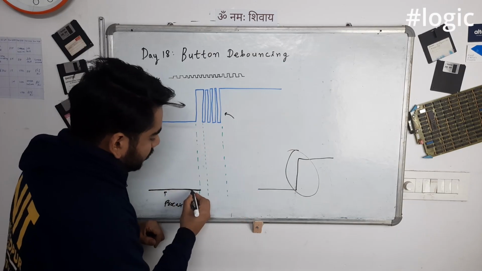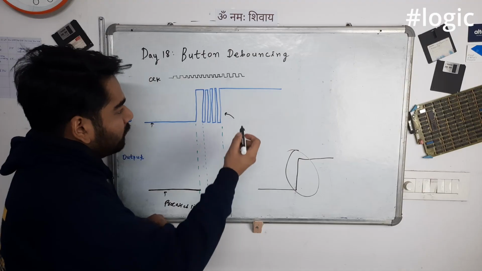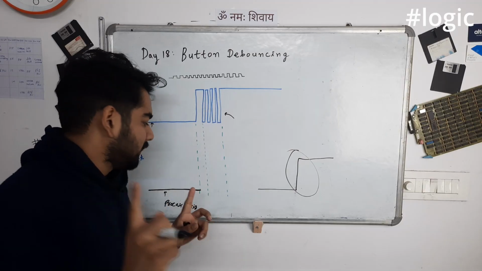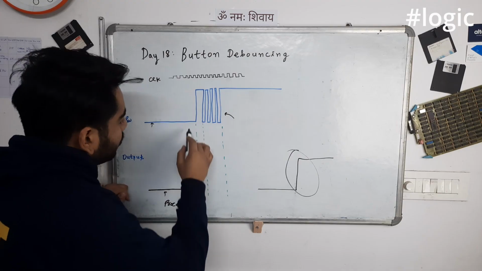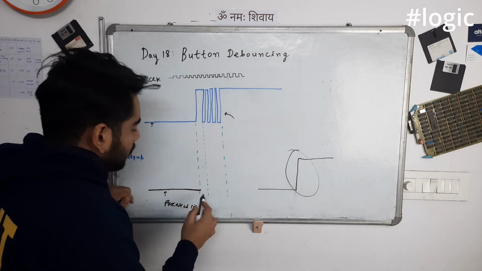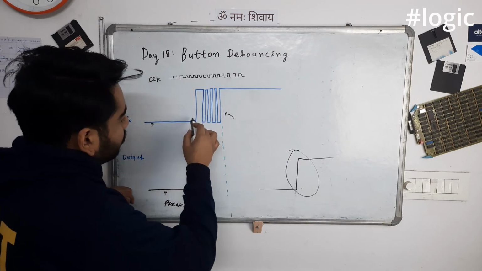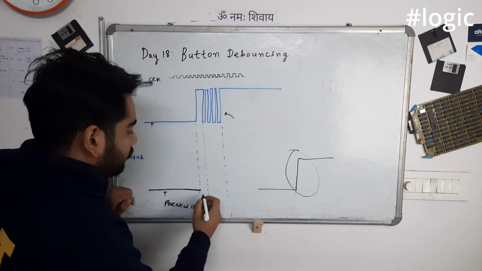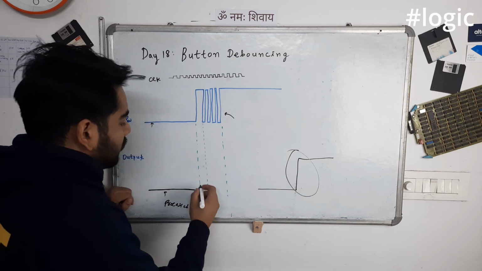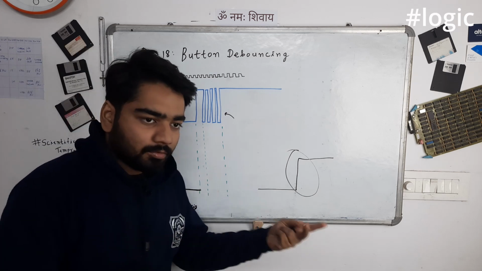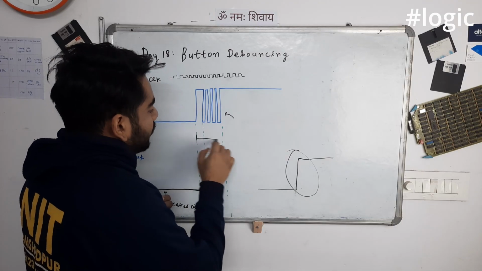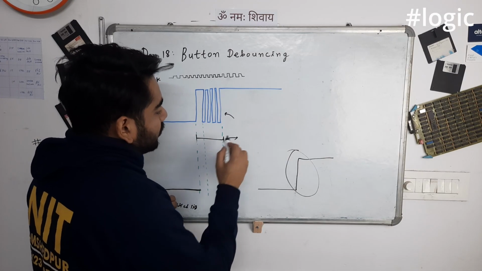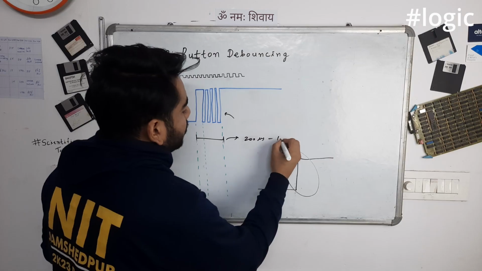As soon as we see that our input signal coming from the push button changes, we are going to observe this signal, and as soon as the input signal differs from our output signal, we will begin the counting. As I've told you in the last video itself, this transition period is 200 microsecond to 1 millisecond.